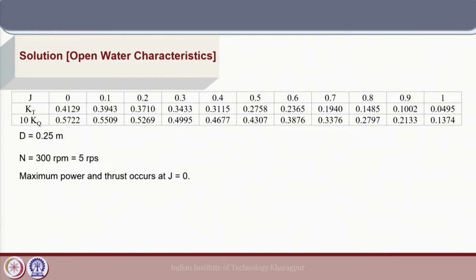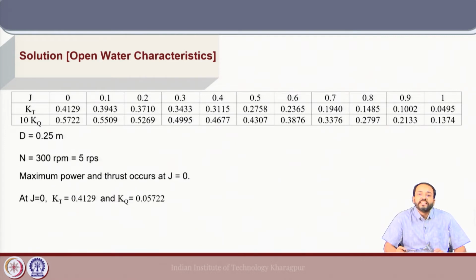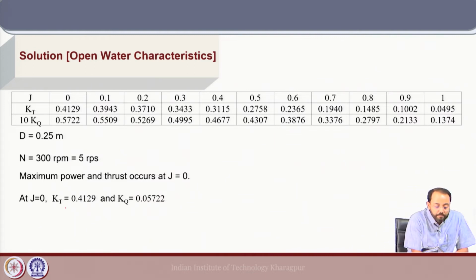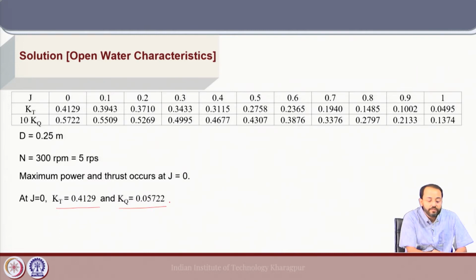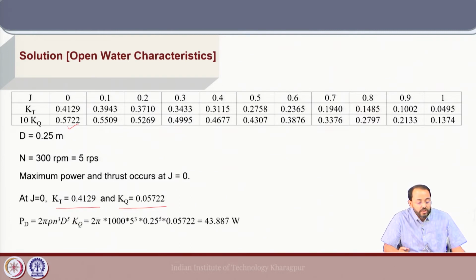So, step by step, first the maximum power and thrust we can calculate at the Bollard pull condition. The thrust coefficient kT is 0.4129 and kQ is 0.057, which is this value divided by 10, because in the open water diagram we plot 10 kQ instead of kQ. So, we can use the value of kQ to find out the value of the delivered power. Now, how is the power given?